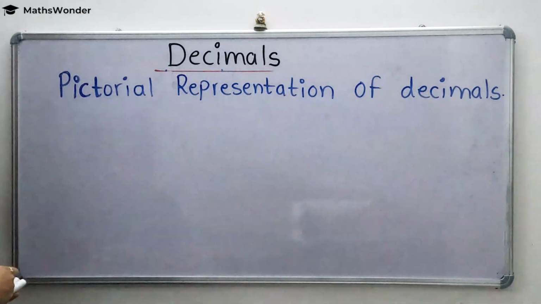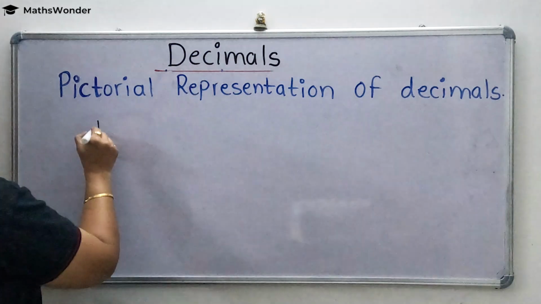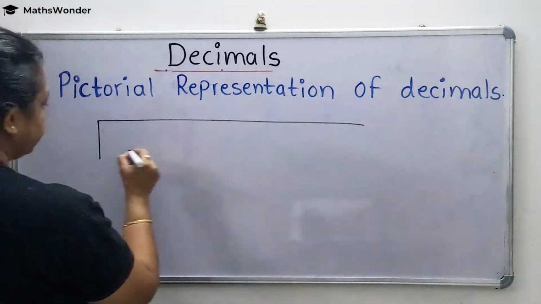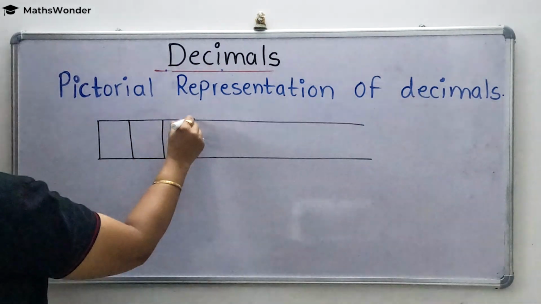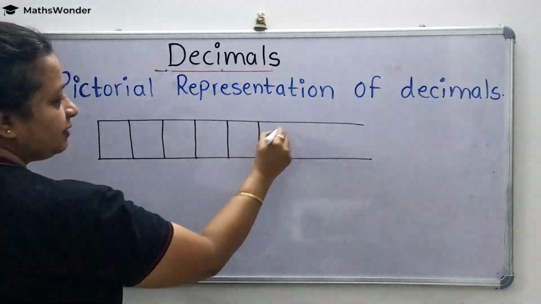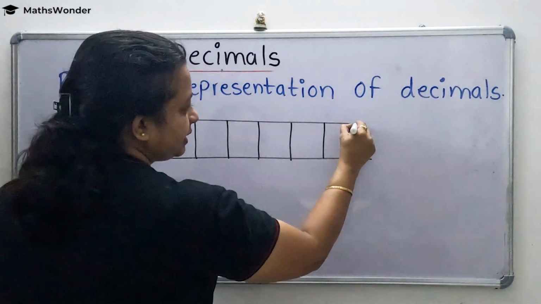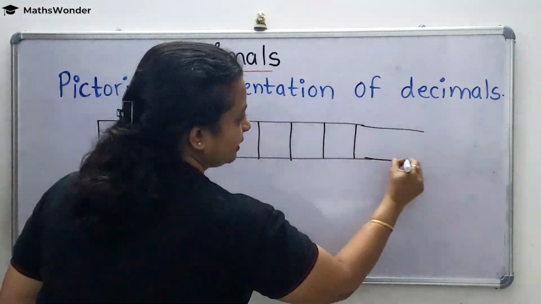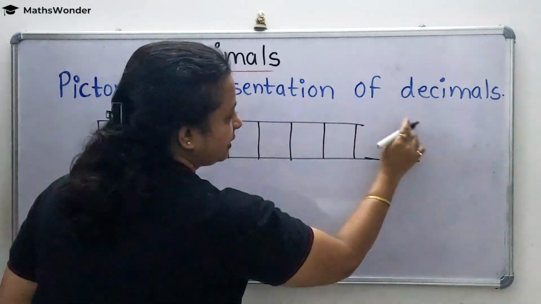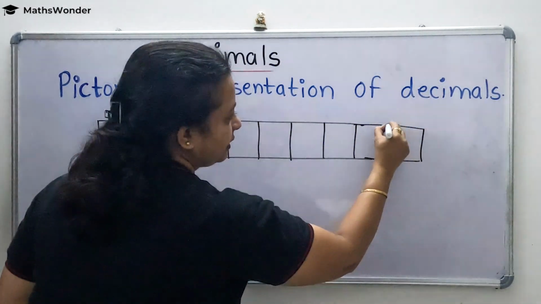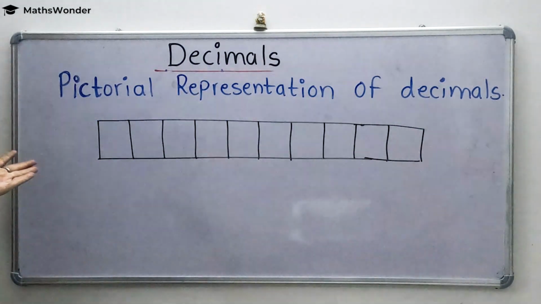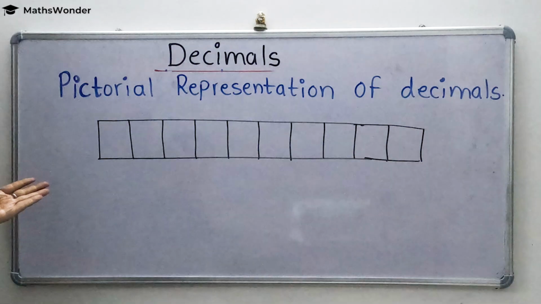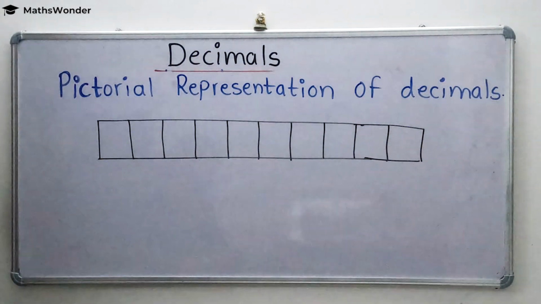Let's draw the rectangle. 1, 2, 3, 4, 5, 6, 7, 8, 9 and 10, right? A rectangle divided into 10 equal parts, you will use this rectangle to show various decimals.